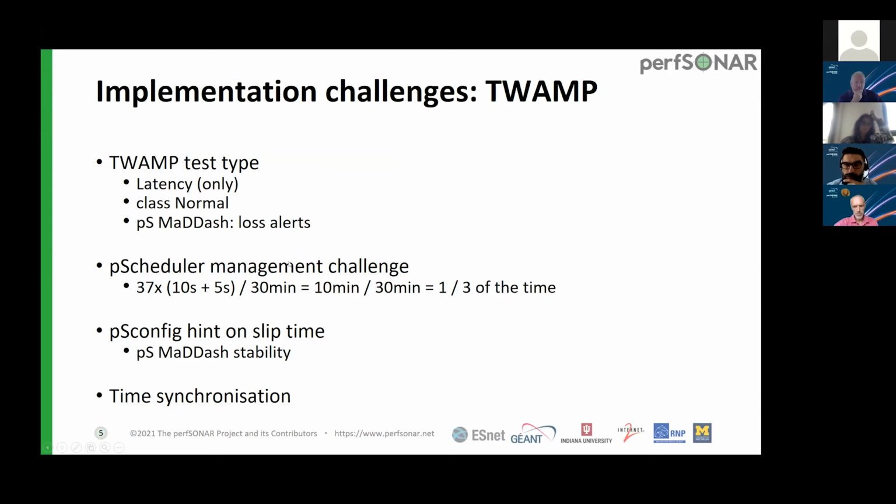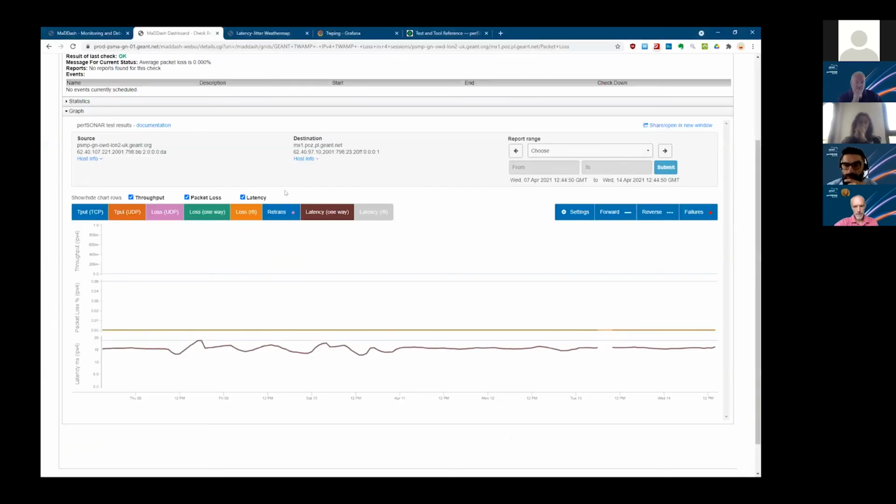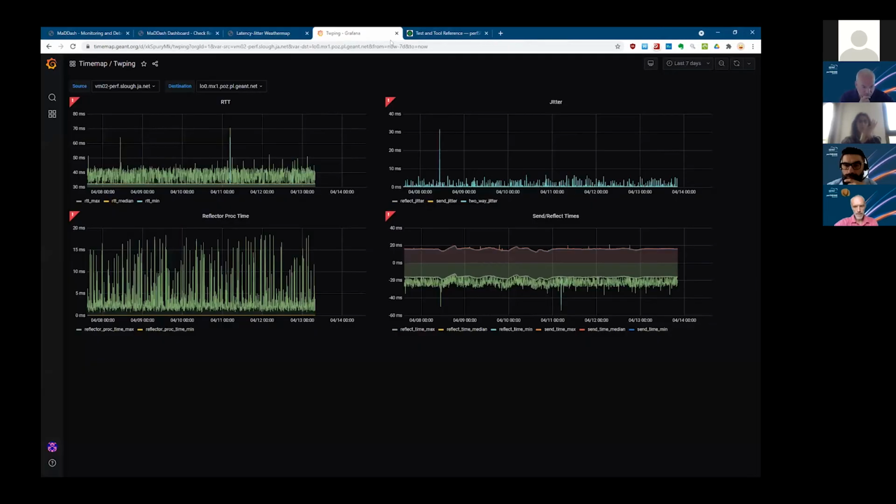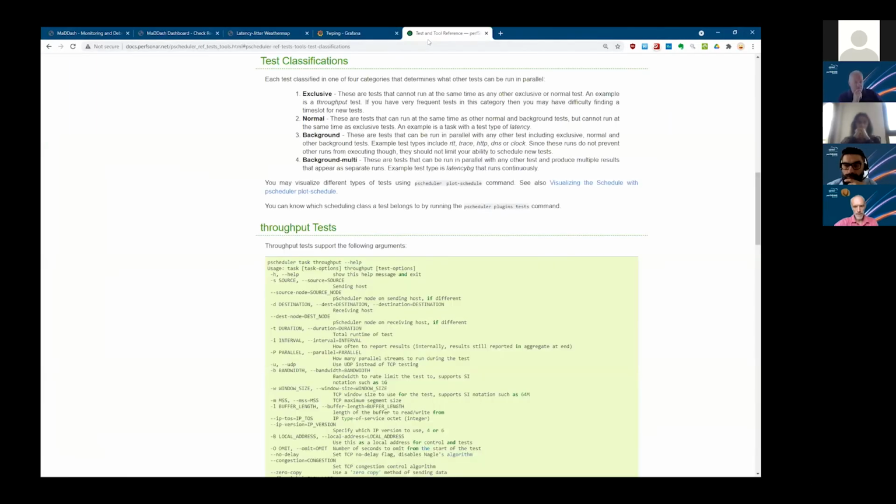So I'm coming here to the challenges that I had with the TWAMP implementation. In order to be more understandable, I'll switch back again to the documentation page of perfSONAR, where you see a classification of the supported tests.